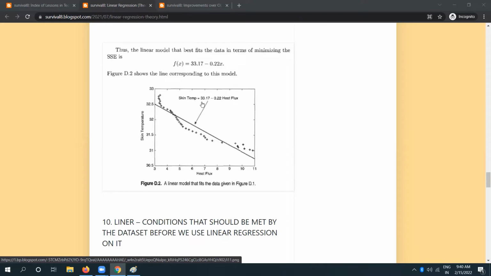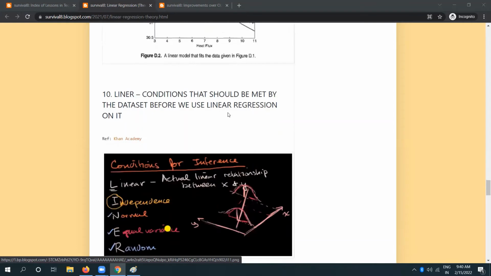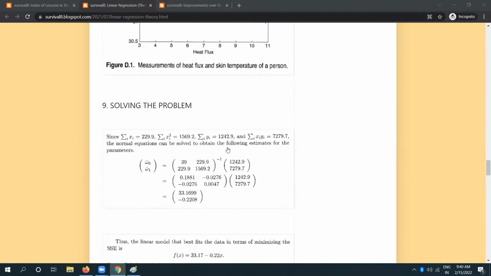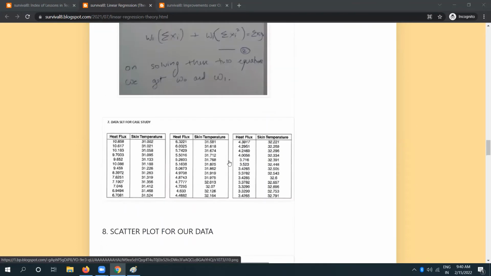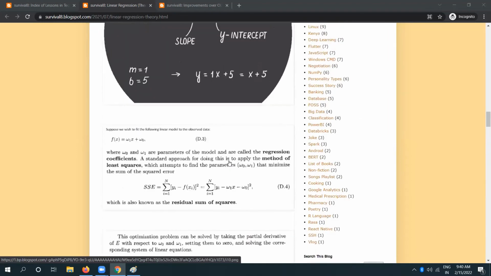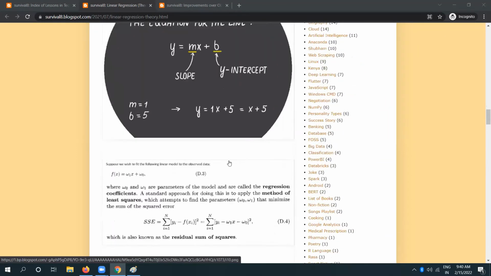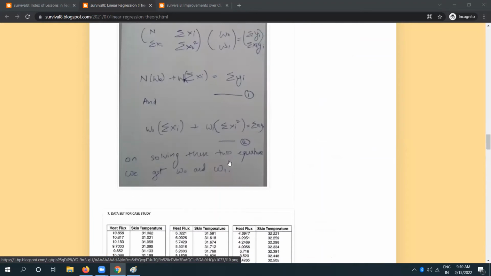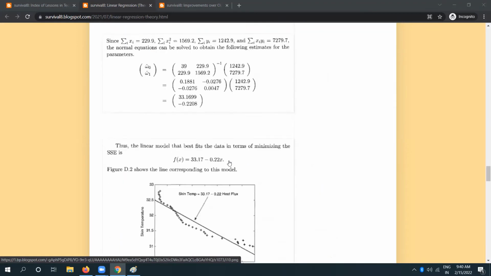Skin temperature is equal to 33.17 minus 0.22 times heat flux. So this is the ordinary least squares model for doing linear regression, where you have two-dimensional data points, x and y.